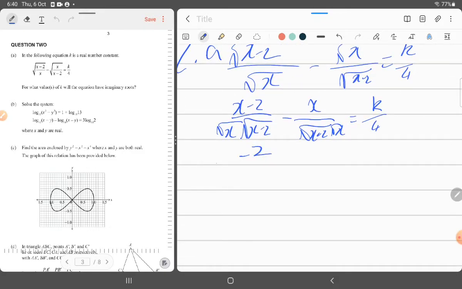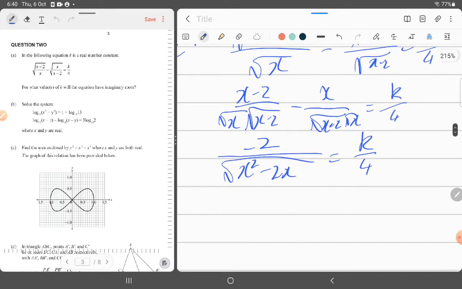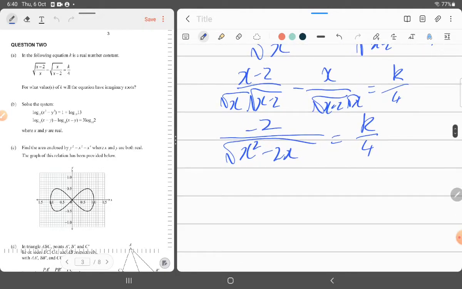Negative 2 over square root of x squared take away 2x is equal to k over 4. 4 over x squared take away 2x is equal to k squared over 16.